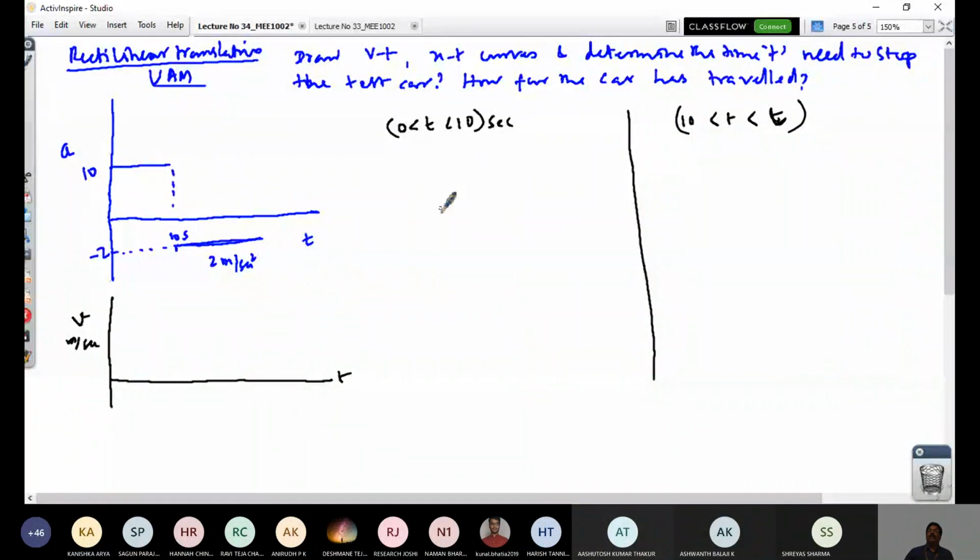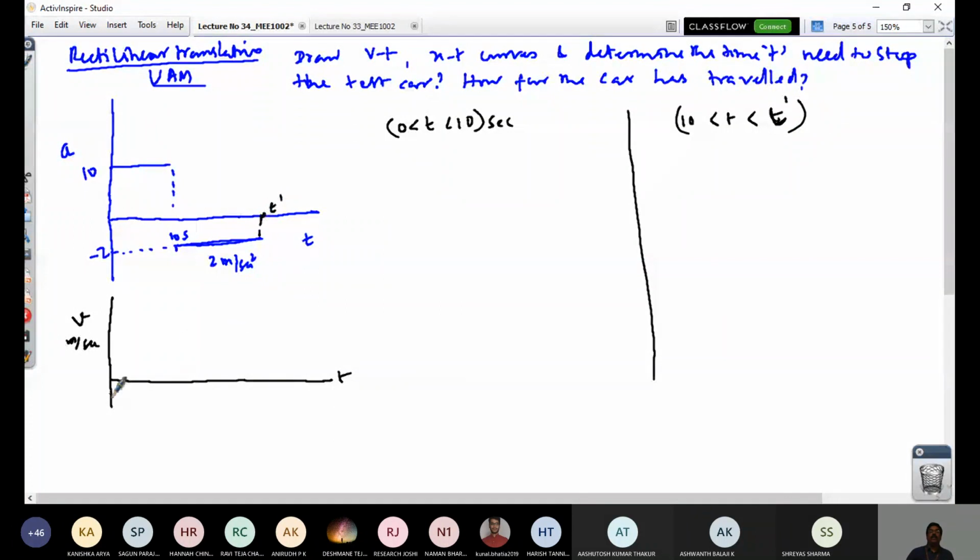I'll put this as t prime, which is the time required to stop the vehicle. That's what we are interested in. I want to stop there, so that is my t dash here. Here is where it is stopped.